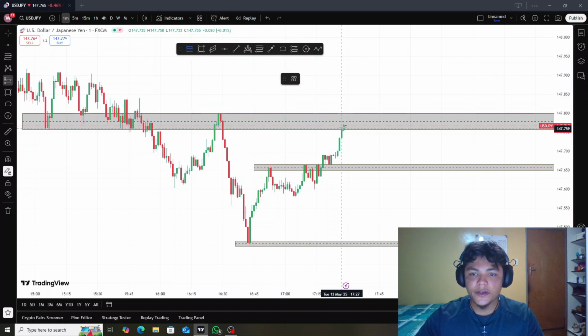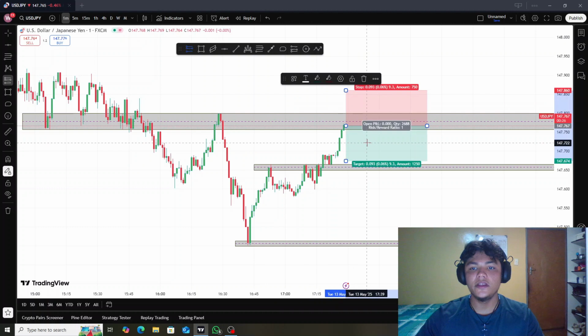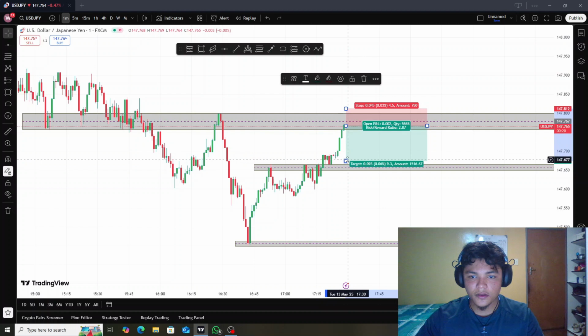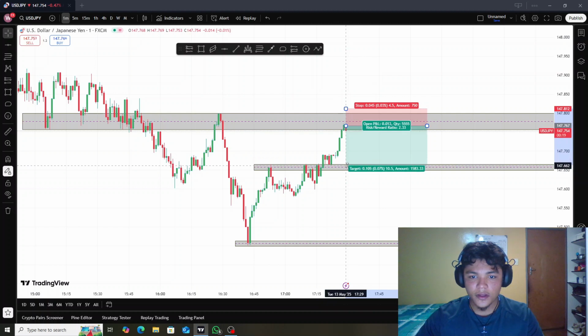Okay, so I'm going to put a trade right now. I'm just going to put my stop loss above this resistance level, and we are going to target right here.